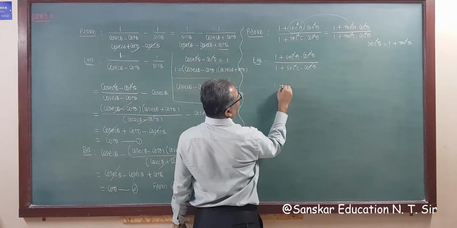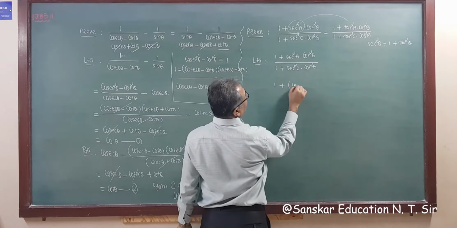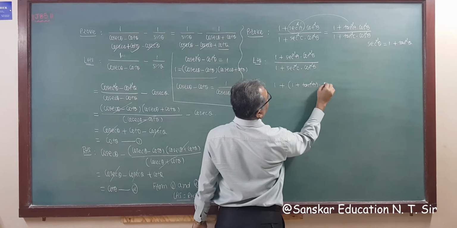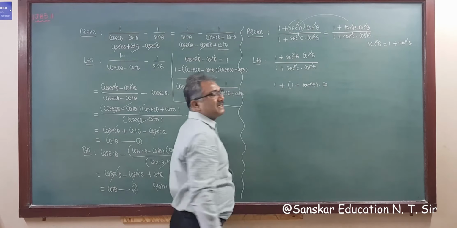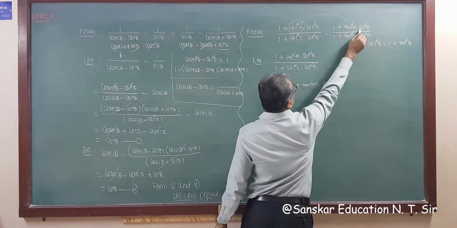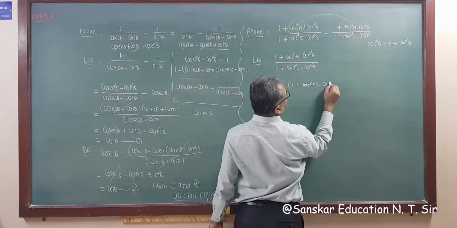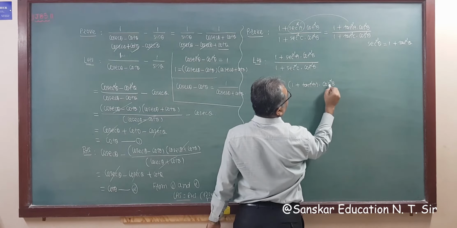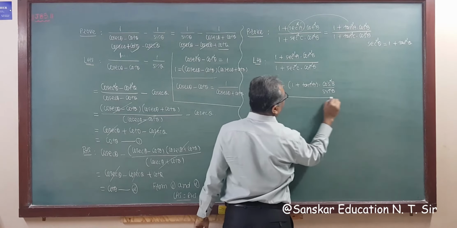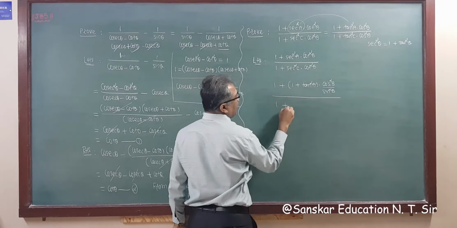So this is 1 plus, now sec square a means 1 plus tan square a, into cot square b means cos square b upon sin square b, because we want the answer in cos. So cos square b upon sin square b, whole upon 1 plus.